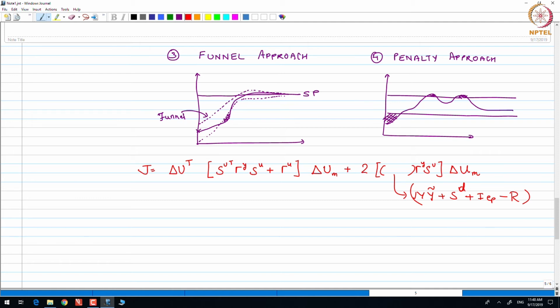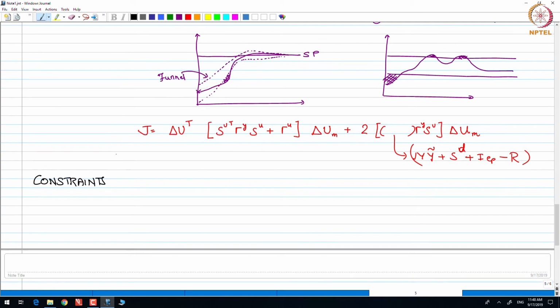Next is your constraints. Constraints, irrespective of which method it is, you are going to write in the exact same manner.